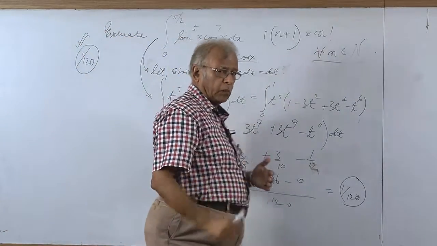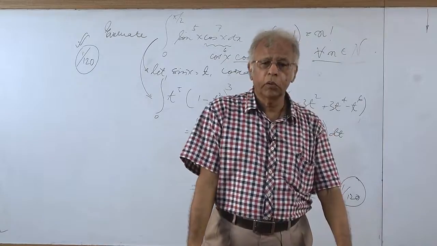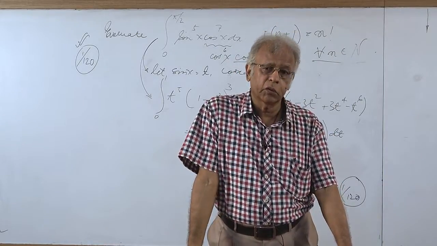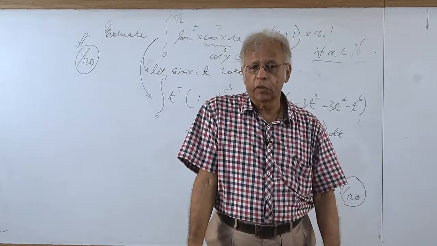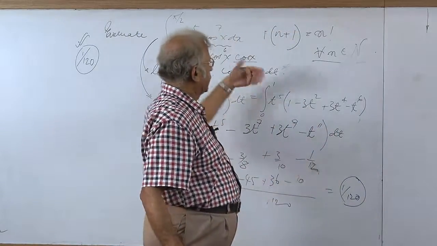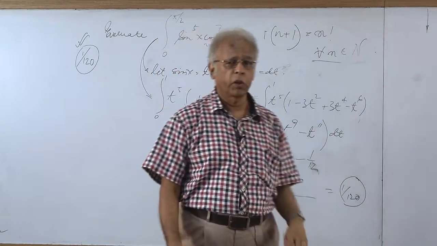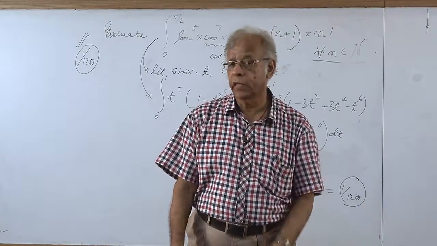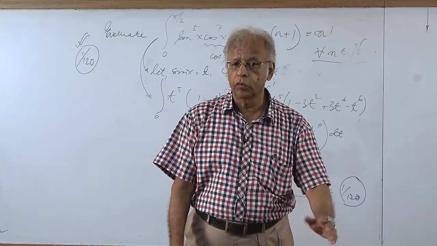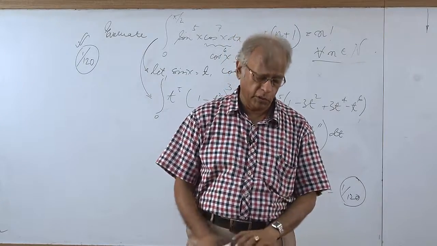So this is one point to note, that we need not always rely on gamma beta functions to evaluate these forms of trigonometric integrals, sine to the power of p, cos to the power of q. But the gamma beta functions and the properties obviously provide a very good tool for evaluating such general integrals.